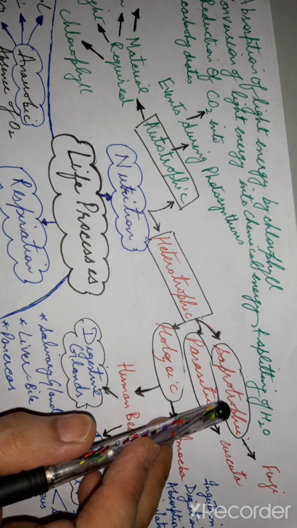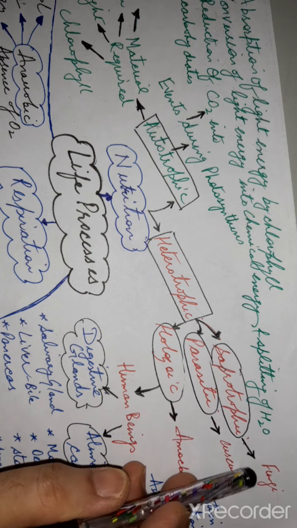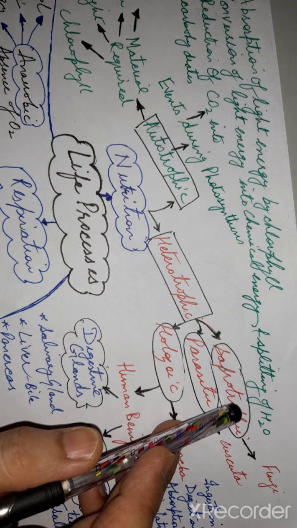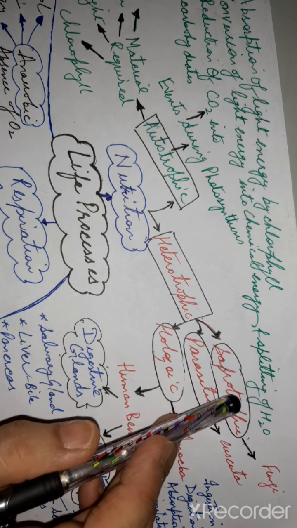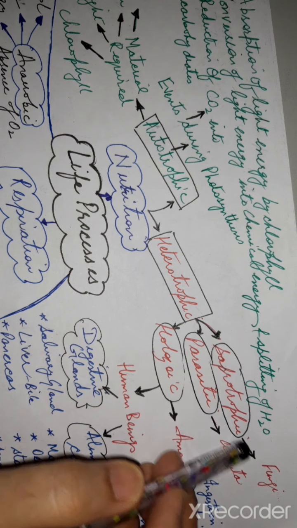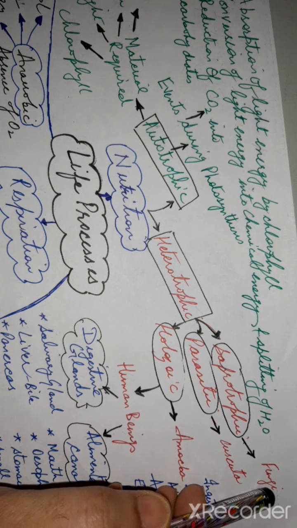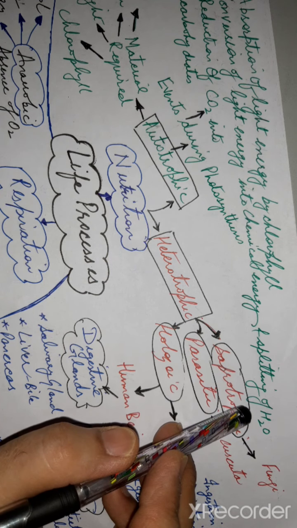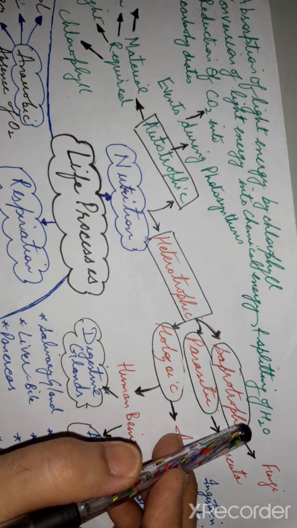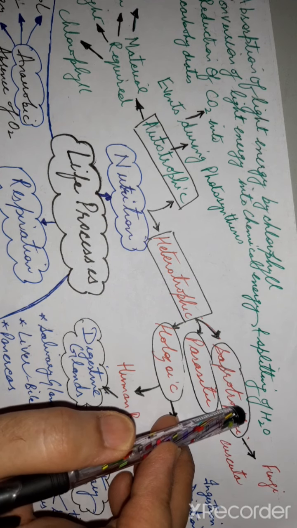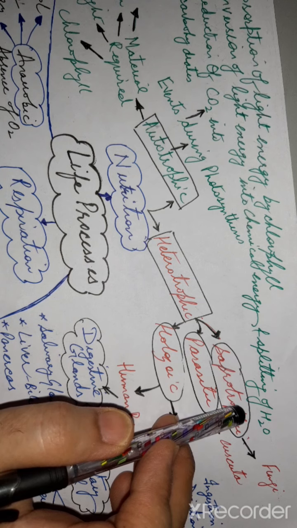If you remember, these fungi depend on dead and decaying matter. The dead and decaying matter is digested externally by the digestive enzymes secreted by the fungus, and then the nutrients are absorbed by the fungus in solution form. Means digestion is external.